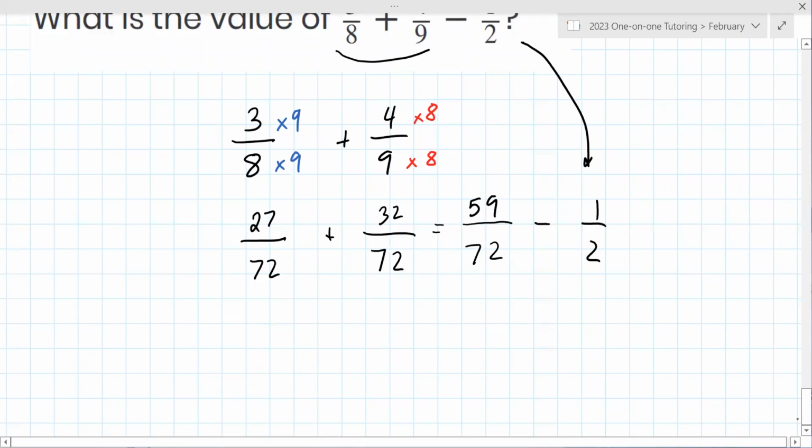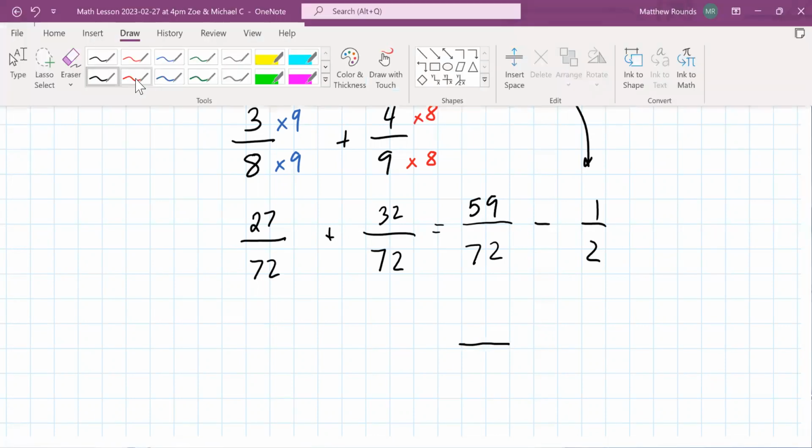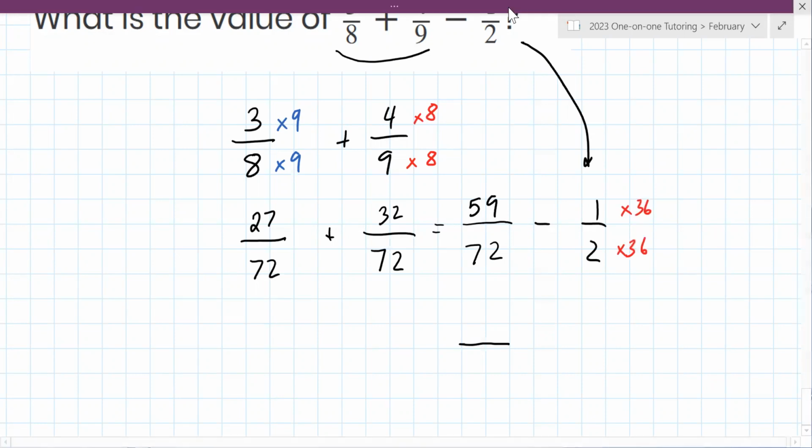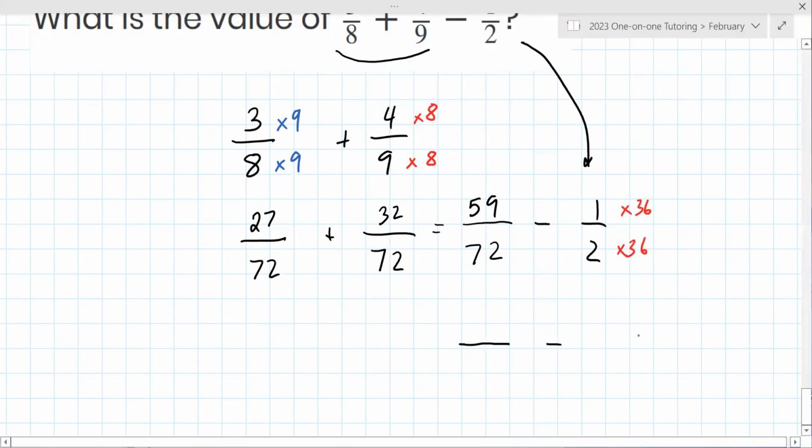Yep. So this time we're going to multiply the number on the right. It's going to be quite large, but by 36. 59 over 72 minus 36 over 72.